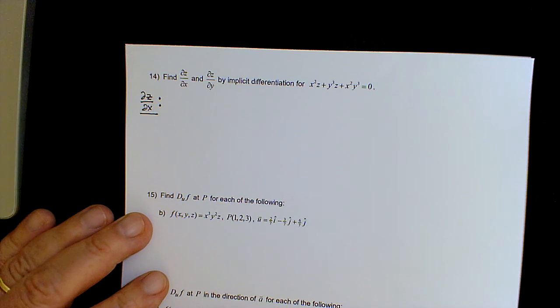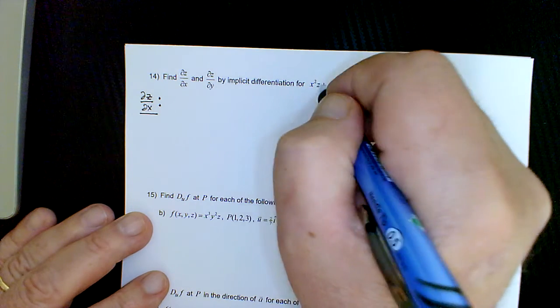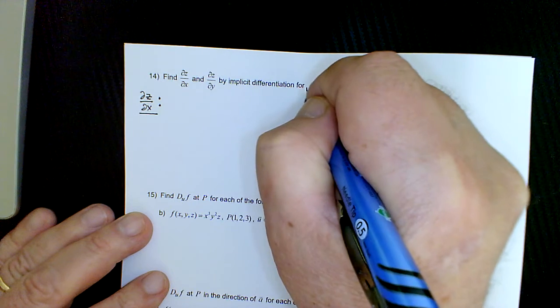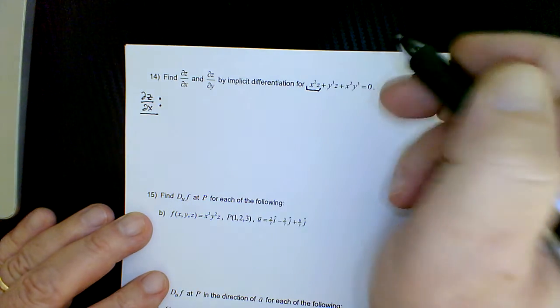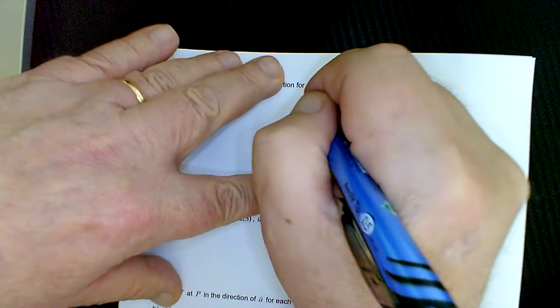So that when I look at the first term, I have a product of x squared and z. And they're both functions of x. And so therefore, we're going to need the product rule.